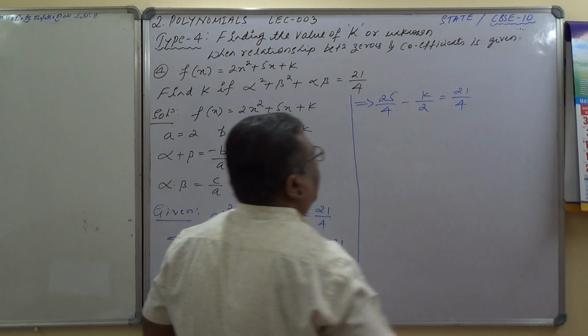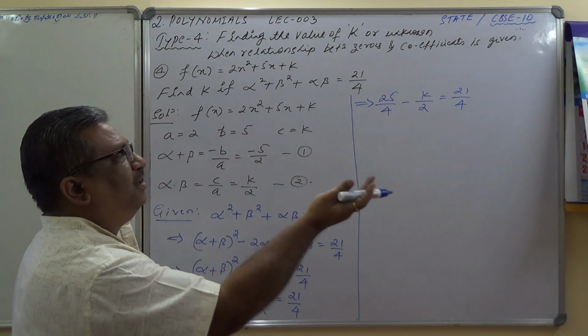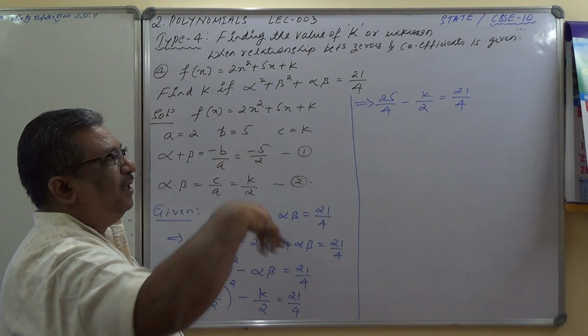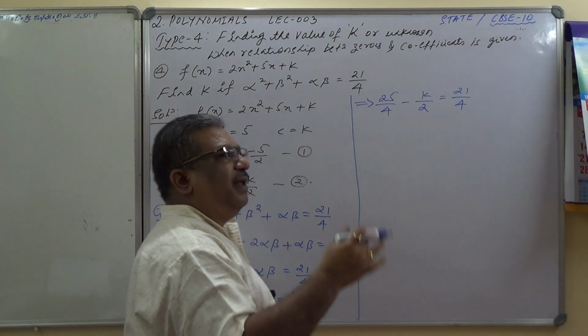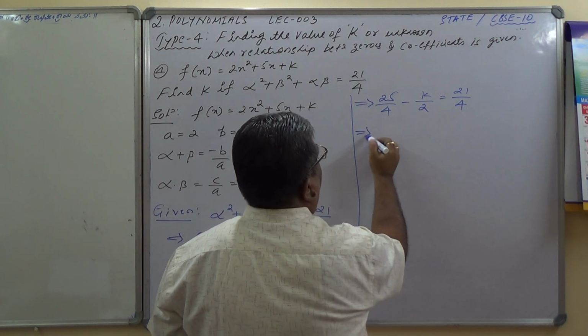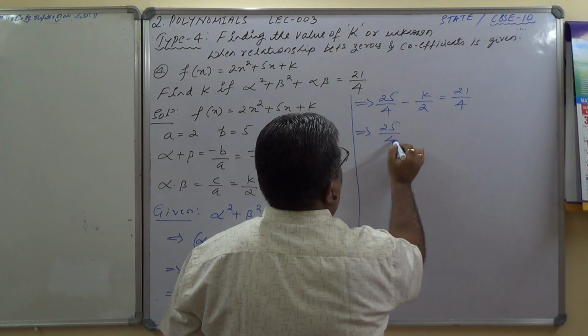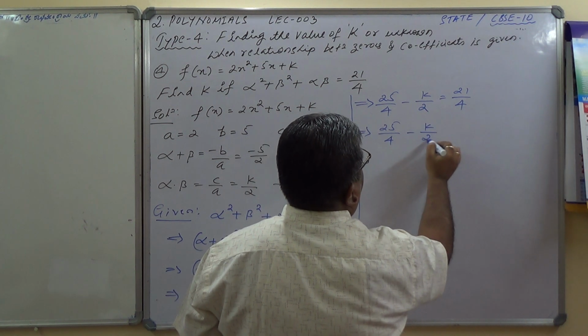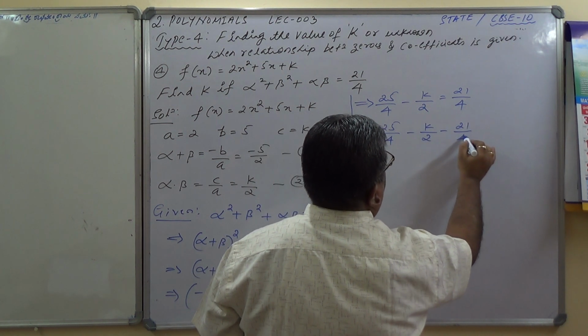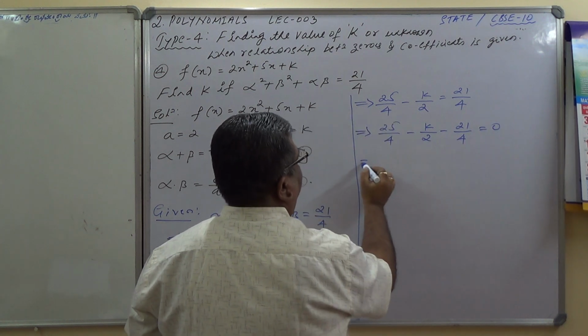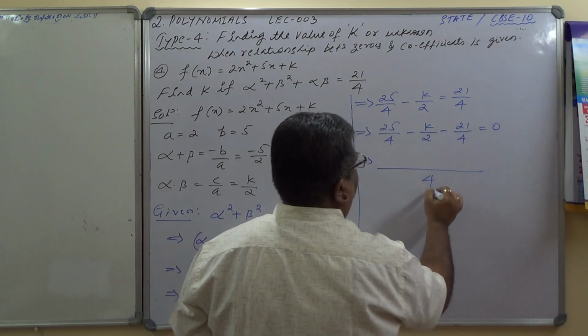21 by 4. What I will do here, I'll transpose the right hand side to the left hand side, equate it to 0 and take LCM. Implies 25 by 4 minus k by 2 minus 21 by 4 equals 0. Take LCM now. LCM is 4.